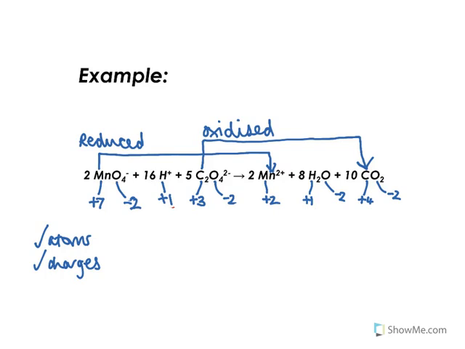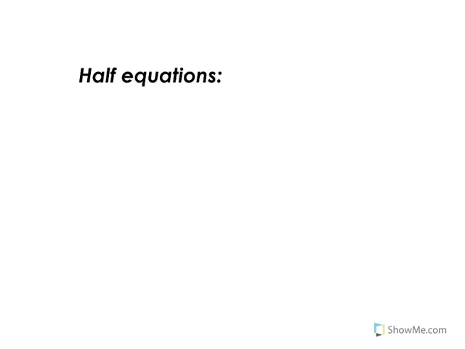Okay, this overall reaction is where we should get to eventually, but I'm going to deconstruct this and show you where it comes from. So let's start off with one of those half equations. Now in one of those half equations, I'm going to start with manganese going from the MnO4 minus on the left to the product of that reduction process, which was Mn2 plus on the right hand side.